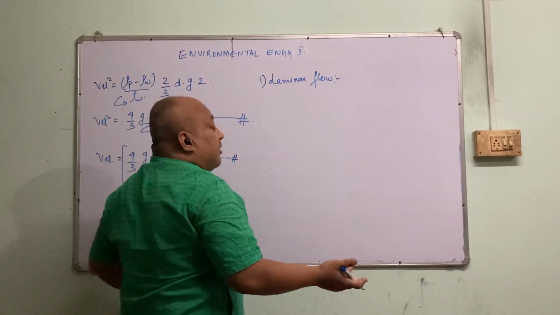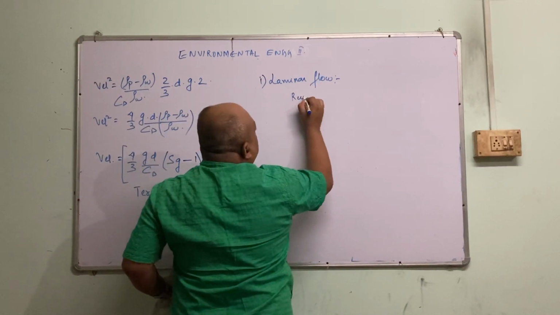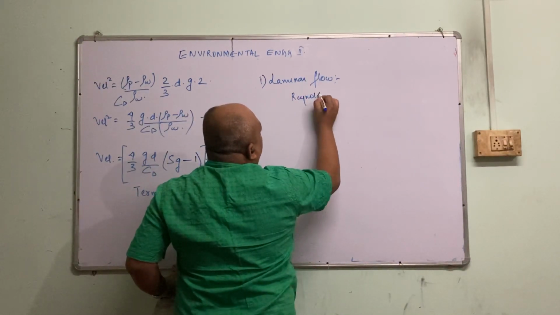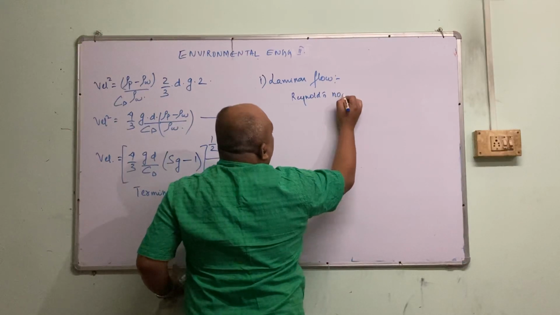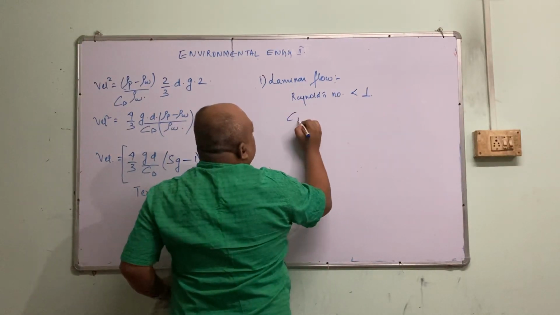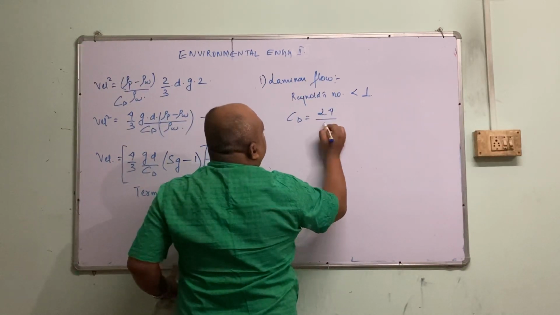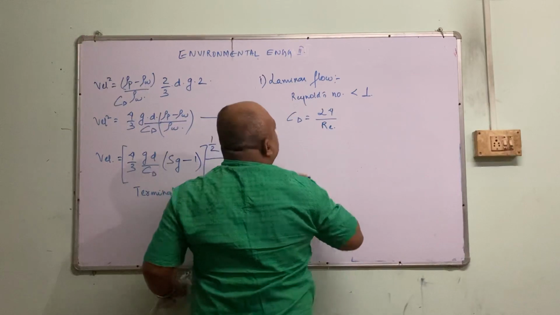How will we define laminar flow? Laminar flow is the flow where the Reynolds number is less than 1. Here, CD is equal to 24 by RE.